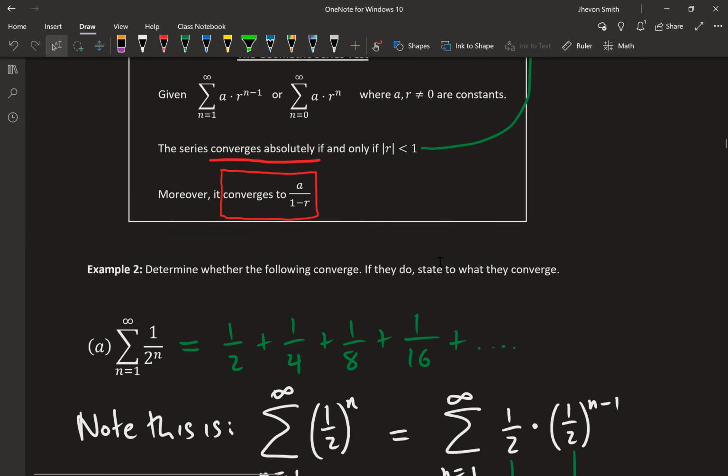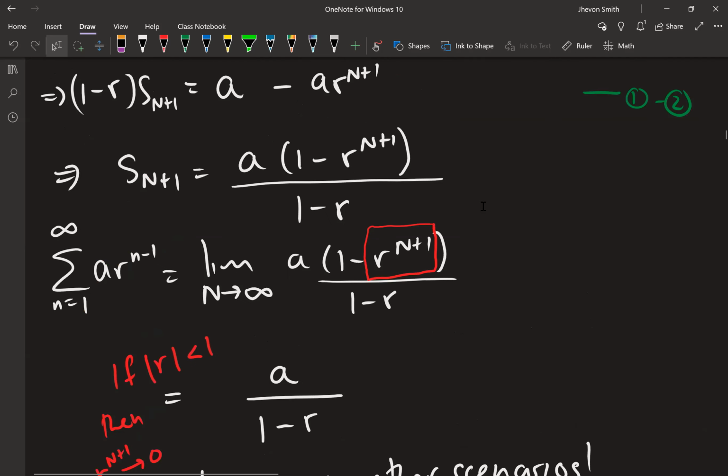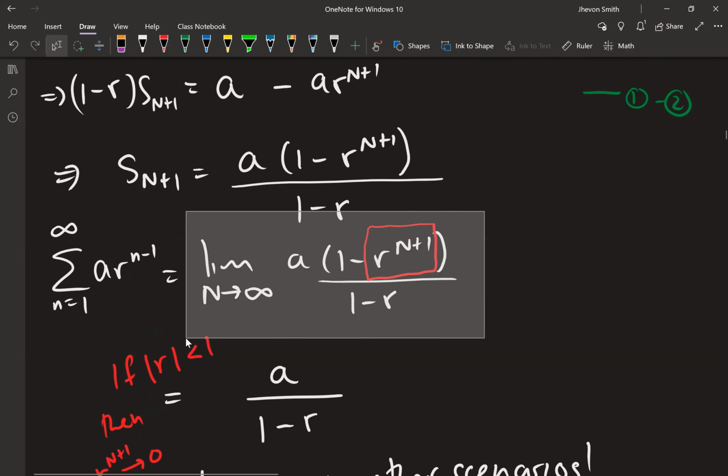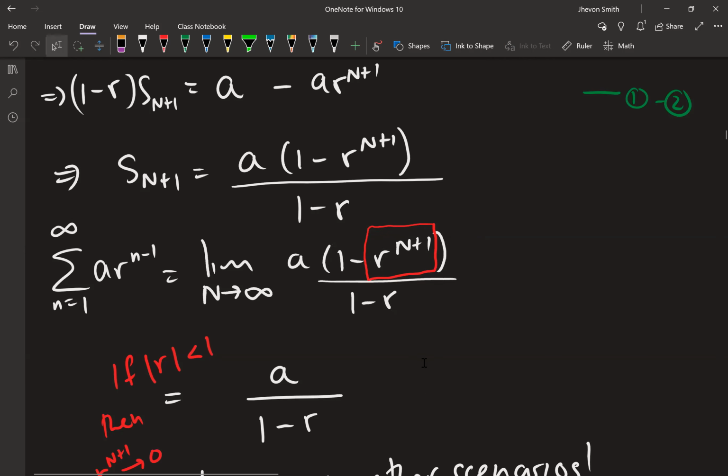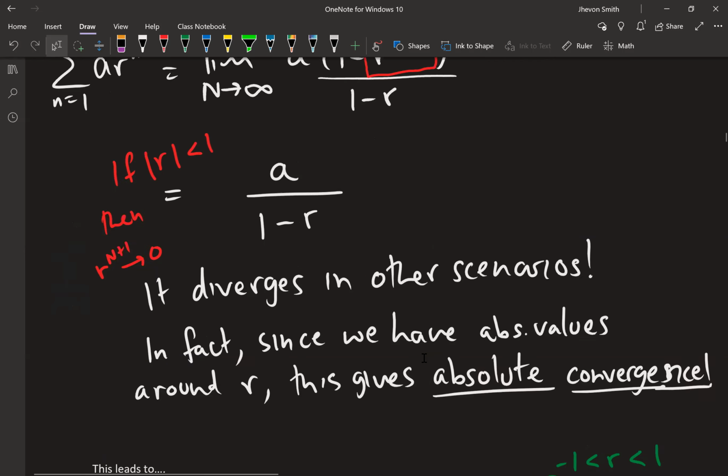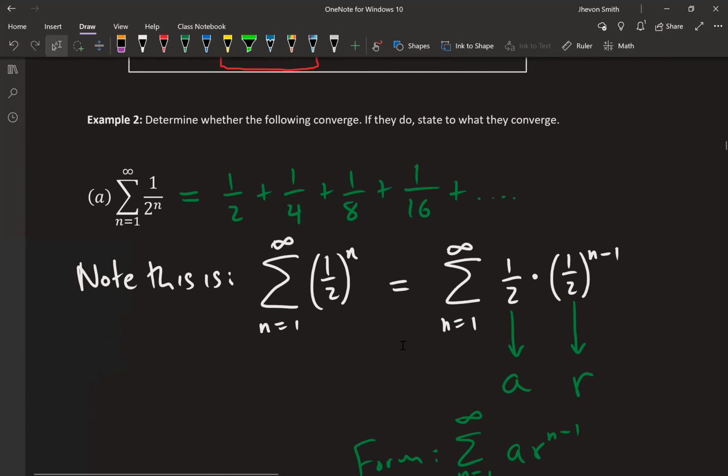Why doesn't it converge to 0 rather than 1? Well, we showed earlier that this is what it's going to converge to. That does not go to 0. Now, for sure, the sequence converges to 0. If I look at the limit of 1/2 to the n, that goes to 0.